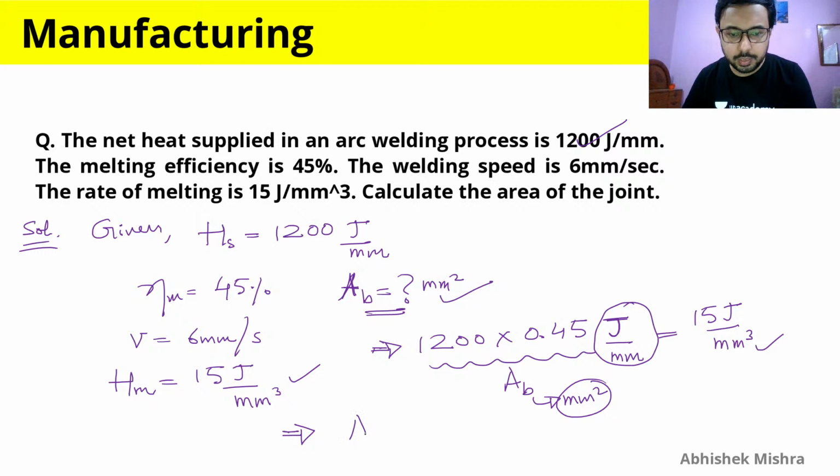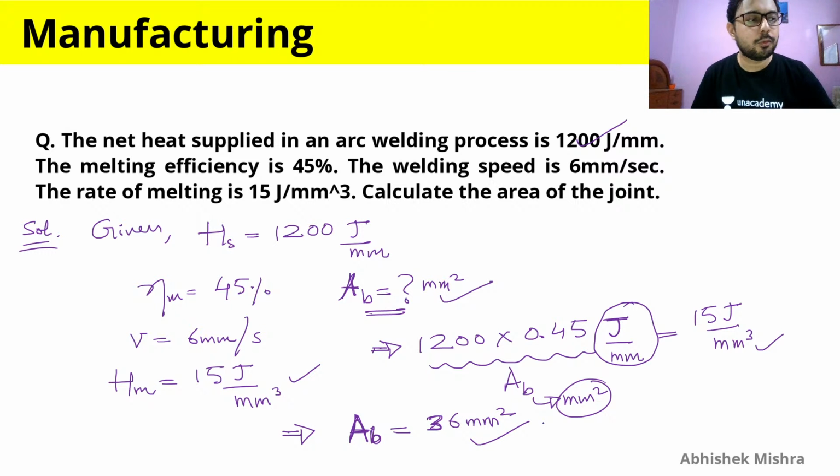So here AB is coming out as 36 mm square. So this is the answer, this is the area of the joint, and as you can see, the question is quite easy. We are not doing anything different.